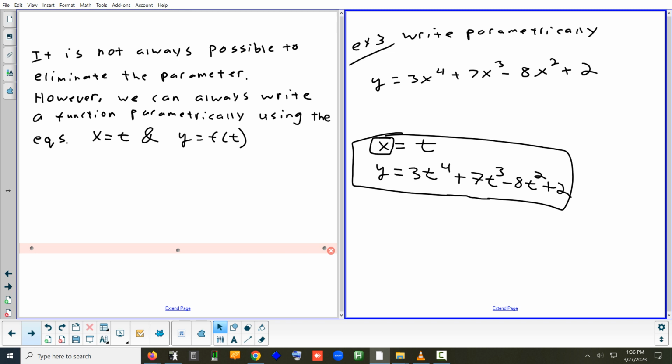Now, you substitute that in everywhere you had a t. And if you substitute in the top equation into the bottom, you turn it back into what you started with. So it's just kind of a cheap way to make something parametric. There was no restriction on the domain here either. So you wouldn't have to worry about limiting your interval here. You could say t is all real numbers.